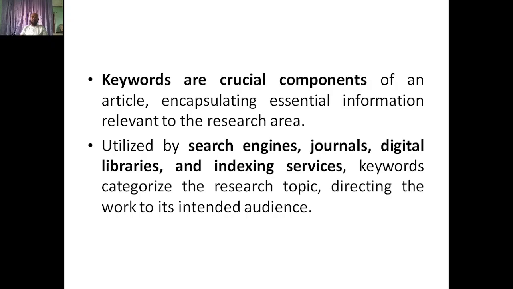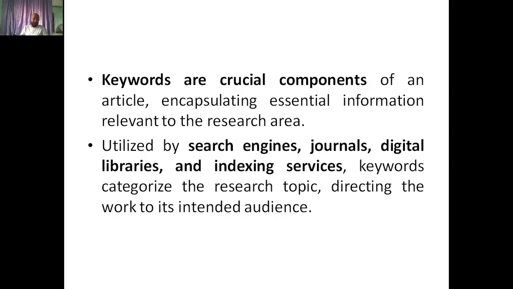They are crucial components of an article, encapsulating the essential information relevant to the research area. For example, in my research, it is nanotechnology, biotechnology, biomedical engineering, and cancer treatment. So these are the four or five keywords I should use in the abstract, or just after the abstract in my paper. These five keywords play a very important role.